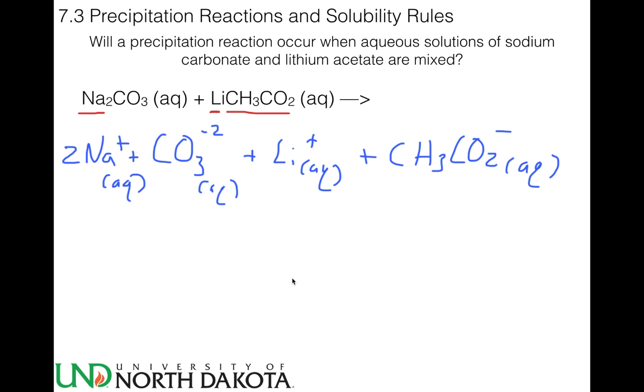Now, in order to figure out what new products can form, we will recombine our ions. The positive ion of our first compound goes with the negative ion of our second compound, and the negative ion of our first compound goes with the positive ion of our second compound.